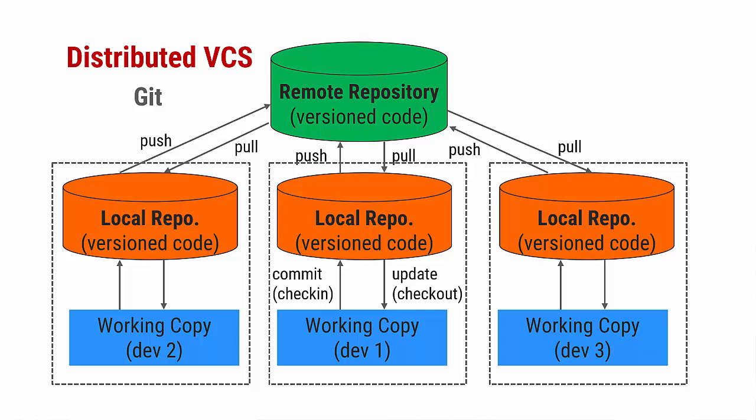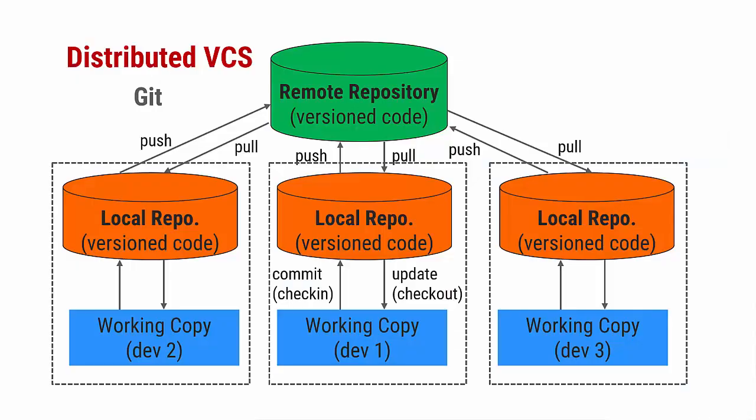But even if you are an individual developer, it is better you use a remote repository like GitHub, and that way your code is secure. So if you have any system crashes, then you do not have to worry because all your code is secure in the cloud. So all you need to do is just clone that repository and you're good to go. Okay? So that's the main benefit of using a distributed VCS.